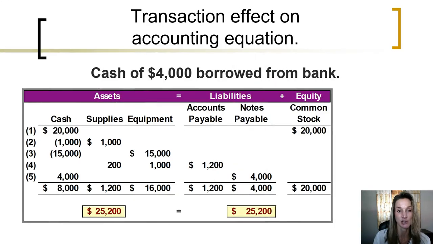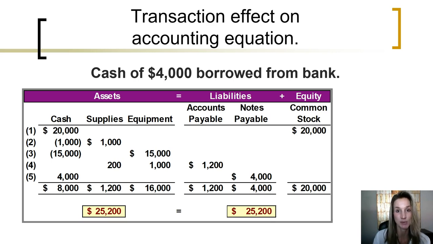The next transaction, cash of $4,000 is borrowed from the bank. The company borrowed cash, so the cash went up, so we need to increase cash in the accounting system to reflect more cash on hand. Liabilities went up as well when we borrowed that cash. We now have to pay back that borrowing.